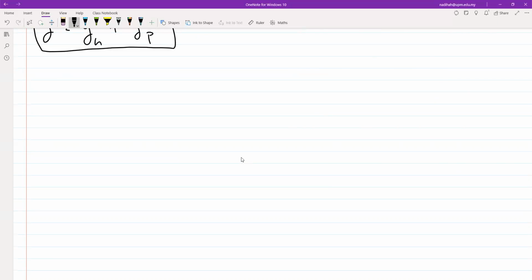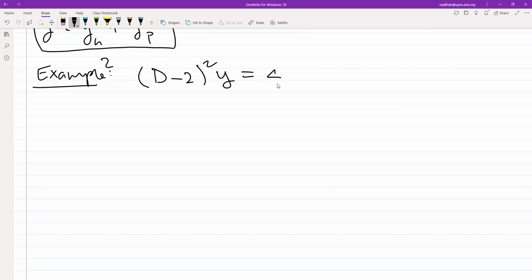Okay, well, this one is quite important because you will have several steps. For example, number 2, you have (D minus 2) squared of y equals 4 minus 8x plus 6x e to the 2x.